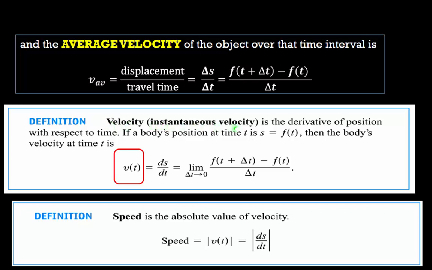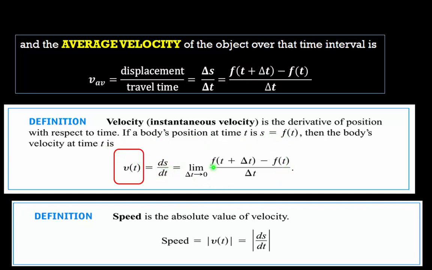It's the instantaneous velocity. In physics, especially if you're looking at word problems, usually they just say velocity. It's the derivative of the position function with respect to time. So if a body's position is s equal to f of t, then the velocity is just the derivative with respect to time.